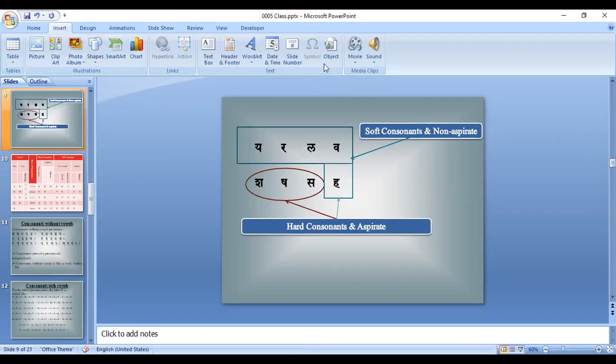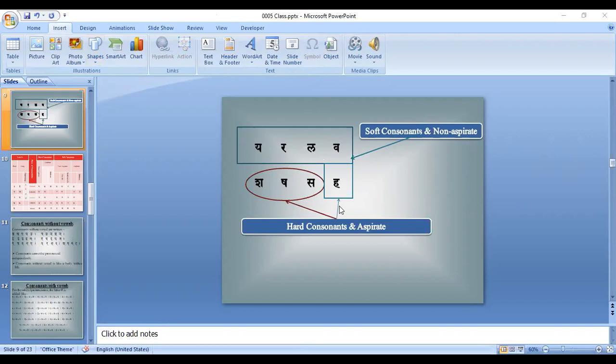You can see that all the semi-vowels are soft consonants and alpa prana, non-aspirate, whereas all the sibilants are aspirate, mahaprana.